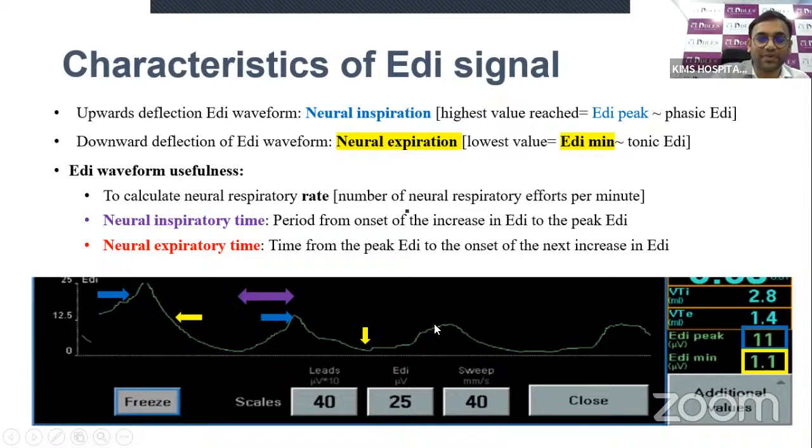This is called the neural expiratory time. So in the case of the EDA signal, these are the various waves. This is inspiratory, this is expiratory, this is EDA max, EDA min, this is the inspiratory phase, and this is the neural expiratory time. We can see the EDA peak and EDA minimum values depicted on our screen when you select the EDA module.